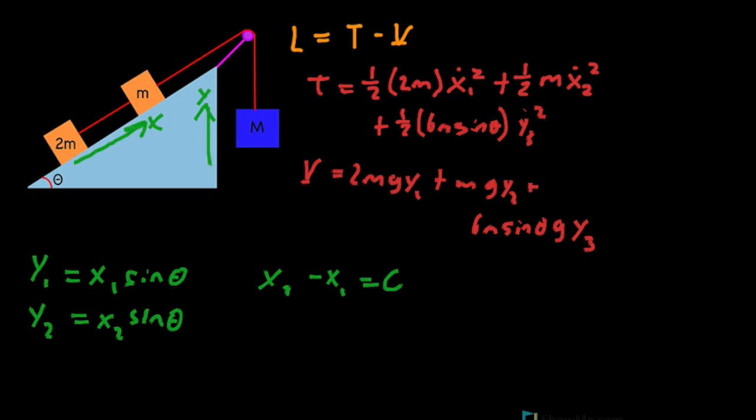Similarly, because there's a string holding the second mass and the third mass together, but the second mass is moving in a positive direction when the third mass is moving in a negative direction, we can say that the sum of x2 with y3 is going to be held constant, because for every inch or meter or unit that x2 moves along the incline, that same amount of distance, the third object will move down vertically. And so their sum is a constant.